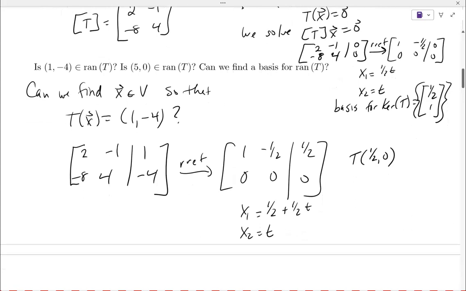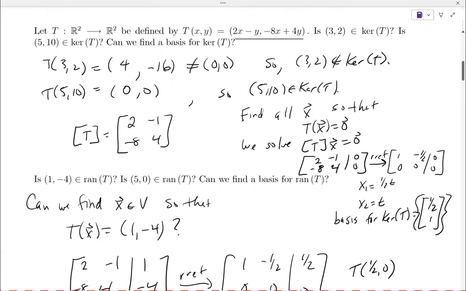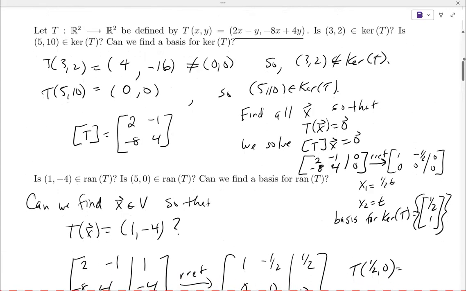If I go back up, that was our definition, wasn't it? And we really do get 1, -4 in that case. There are many examples, right? I just plugged in 0 for t to find 1/2. This shows that it really is in the range. If you tried 5, 0, it won't work.